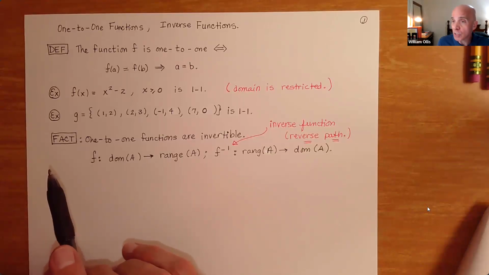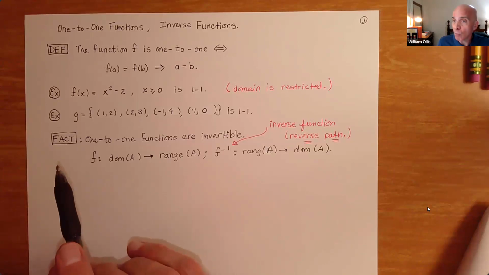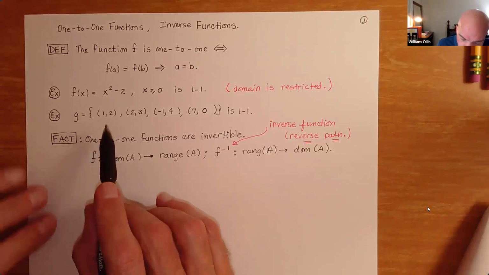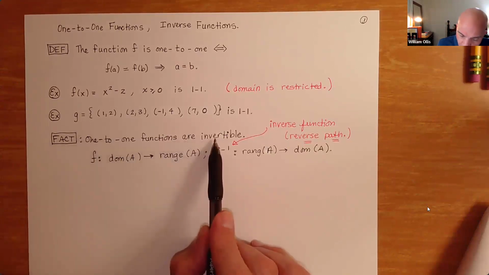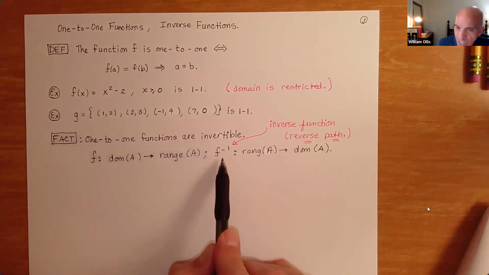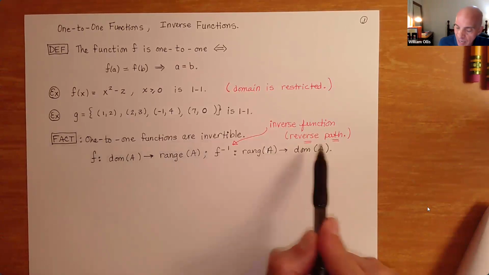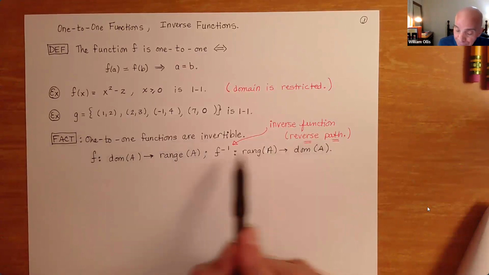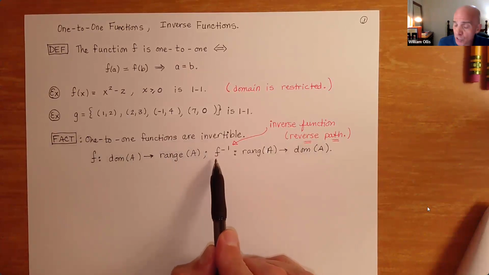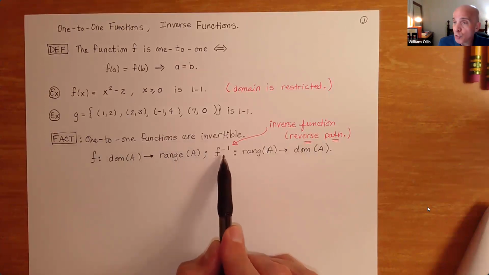It's still a function, but it's clearly not one-to-one. So what I've said here is that one-to-one functions are invertible. One notation that we use for the reverse path, or the inverse function, is the function letter with the superscript -1.